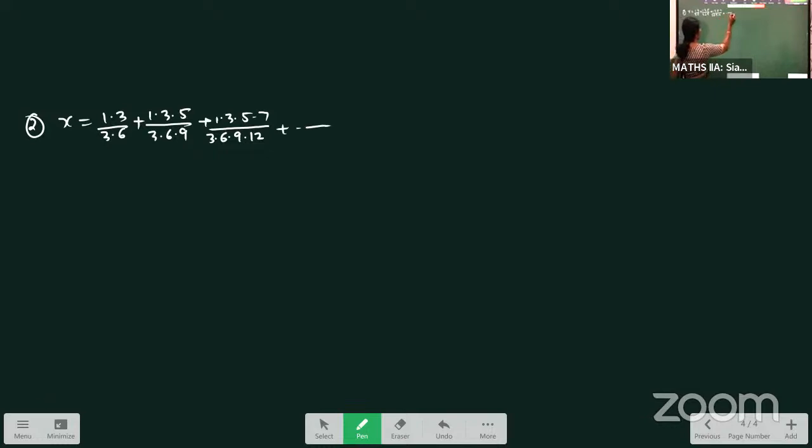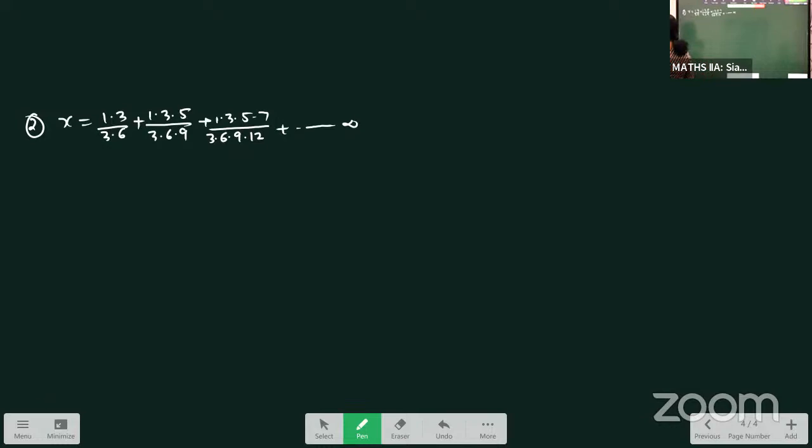Question number 2. X is equal to 1 into 3 by 3 into 6, plus 1 into 3 into 5 by 3 into 6 into 9, plus 1 into 3 into 5 into 7 by 3 into 6 into 9 into 12, plus so on up to infinity.